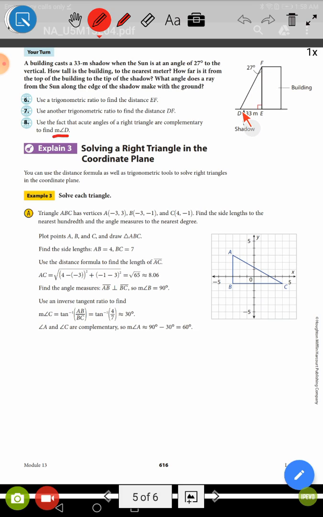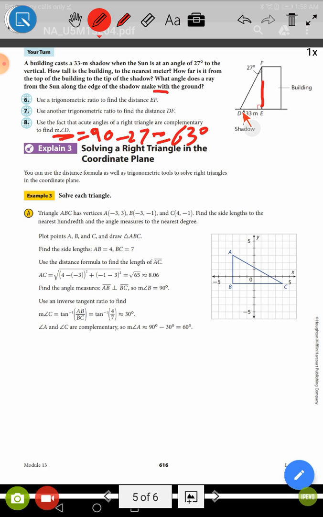So angle D is 90 minus 27. You can find that. So it equals 63 degrees.